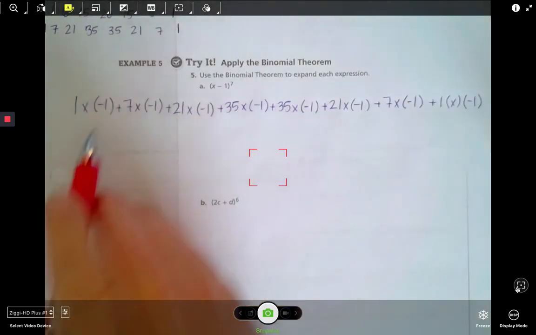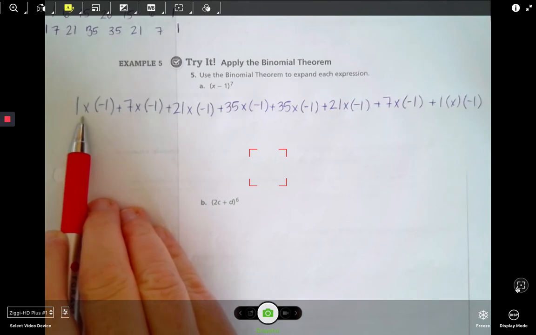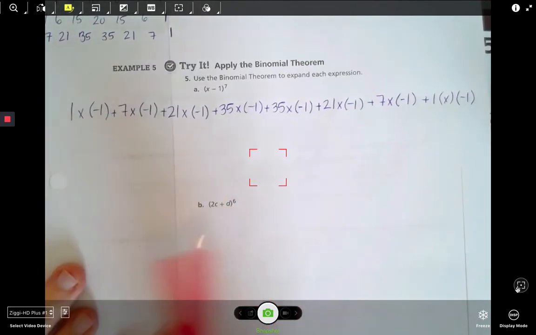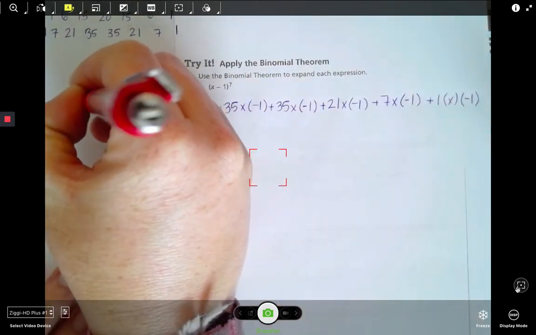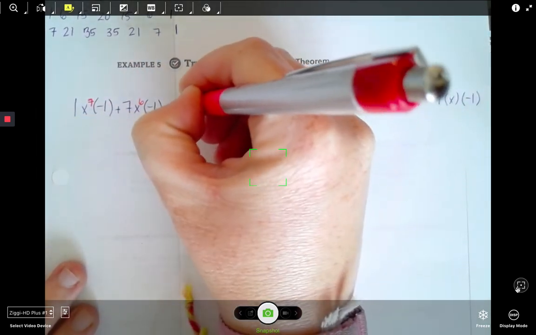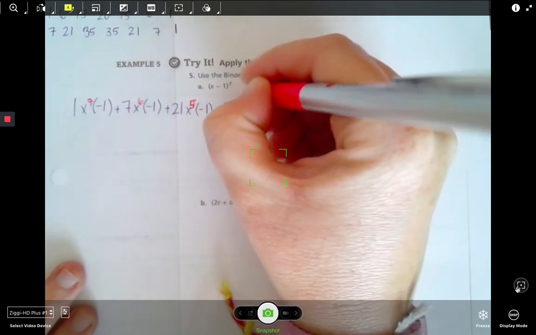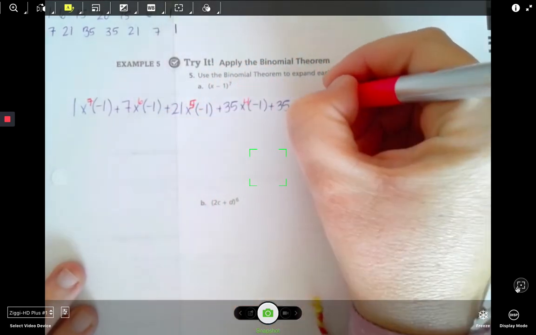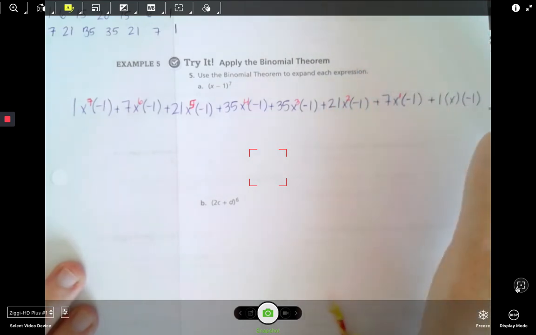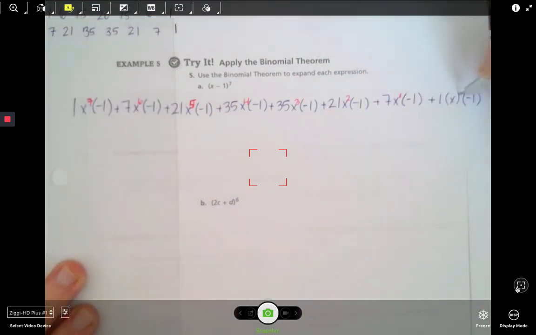Alright, this time when I'm looking at my first variable or my first term here, what exponent am I going to start with? Start with a 7. 7, 6, 5. Oops, I said 5 and wrote 4. 5, 4, 3, 2, 1, and 0.